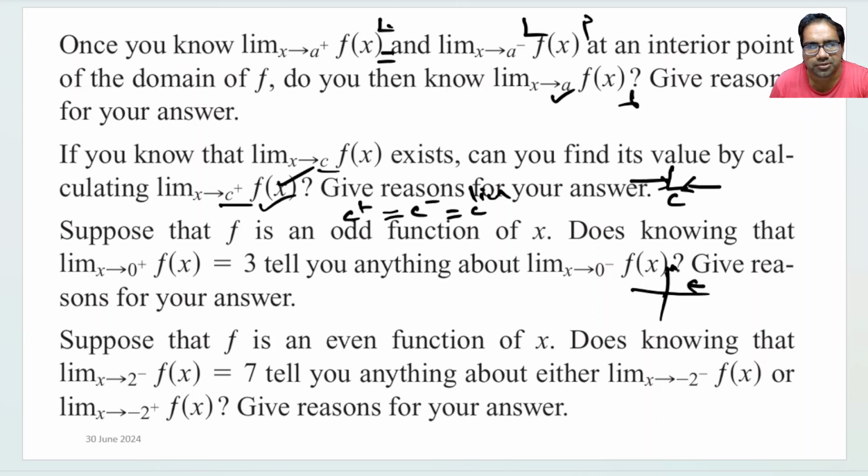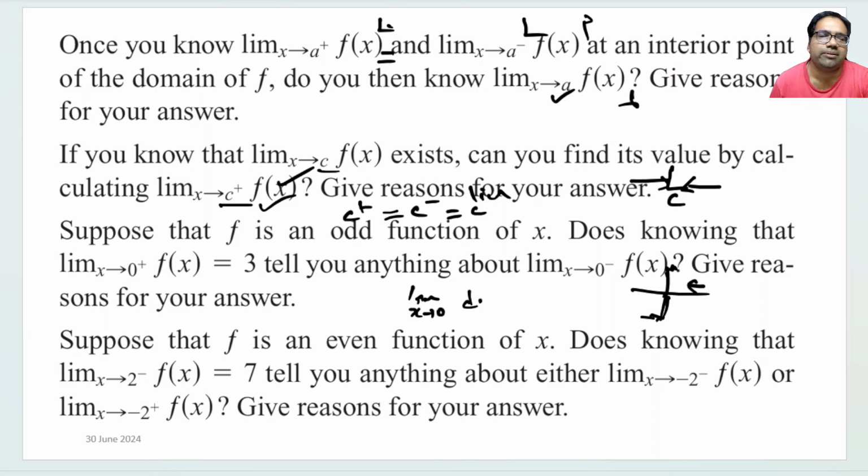Because the graph is symmetric and x is tending from 0 minus, this graph will approach minus 3, because this is an odd function. Please note, one is approaching plus 3 and another is approaching minus 3, so the limit as x tends to 0 doesn't exist here.